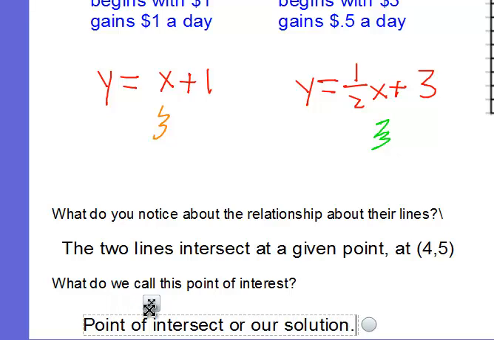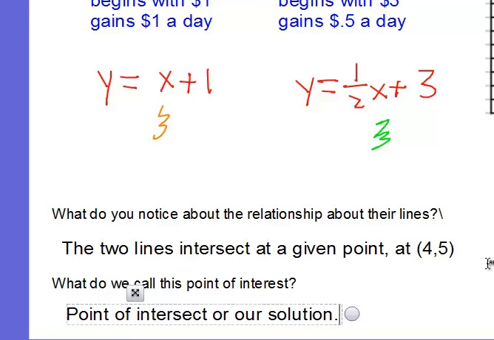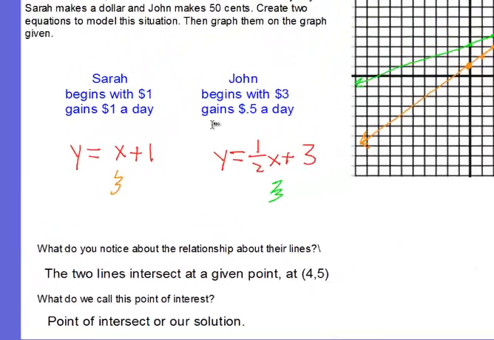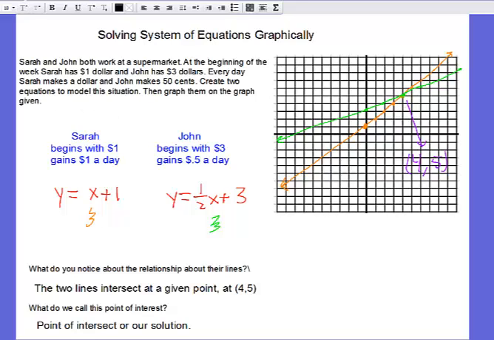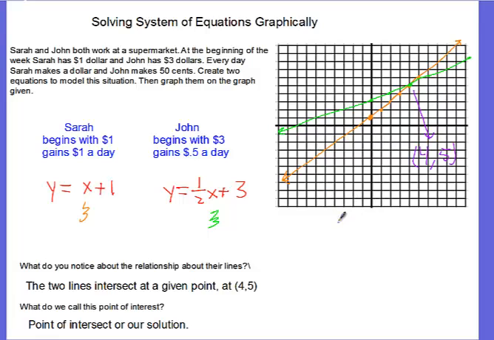Okay, because the whole point of a system of equations is to find out where the 2 equations meet. Okay, so graphically, what's the coordinate they meet at? All right, so we know that our answer to this system is going to be 4, 5. But what we need to do now is take this and relate it back to our word problem. We knew that X stood for the amount of days she works, and the X is 4, so it takes 4 days.